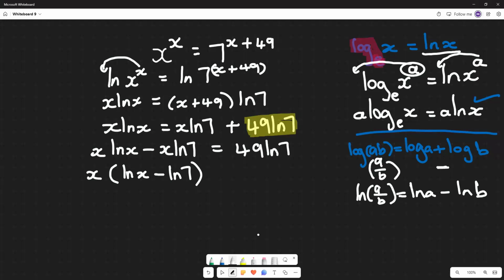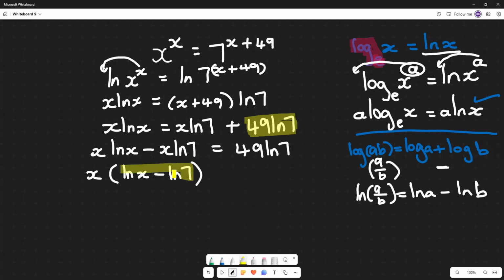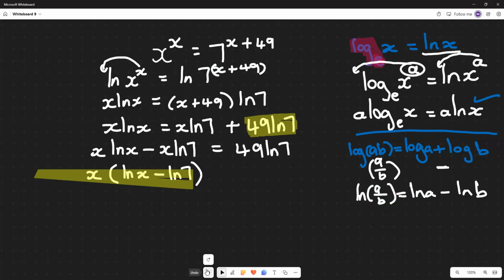So ladies and gentlemen, I'm sure that you can see that this part here is basically that part. So you have ln x minus ln 7, you have ln x minus ln 7, so you can write it in this form. We're going to do that now.